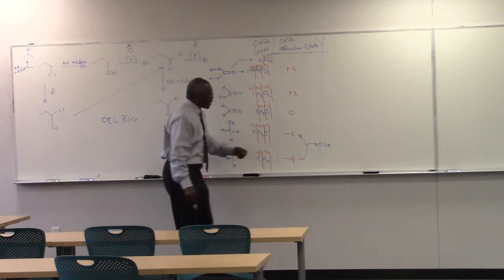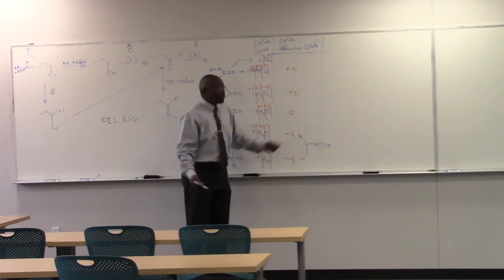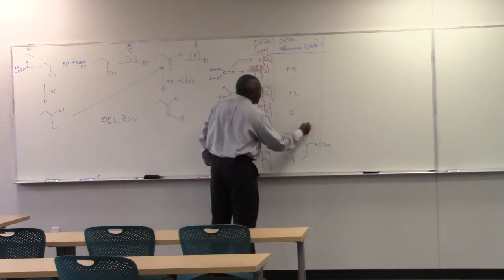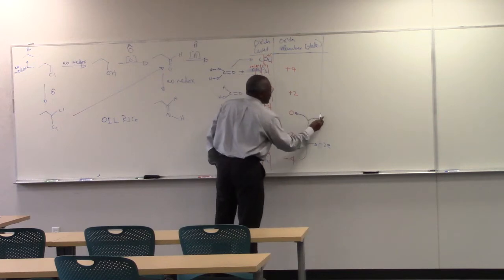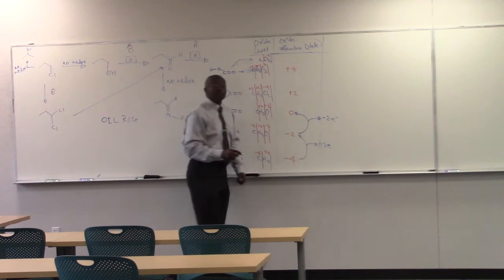So every time I go from an alkane level to the alcohol level, or the alcohol level to the aldehyde level, those represent 2-electron loss processes.